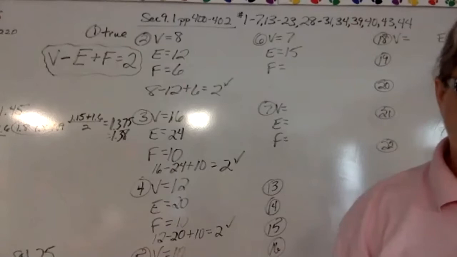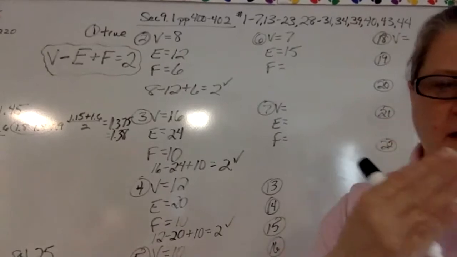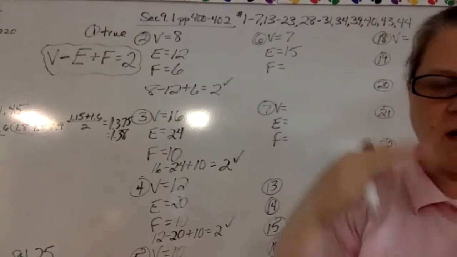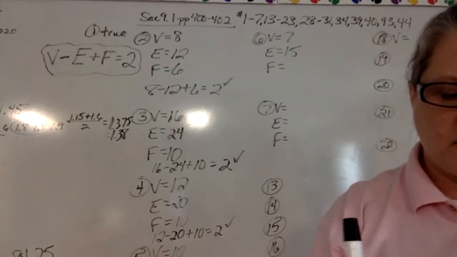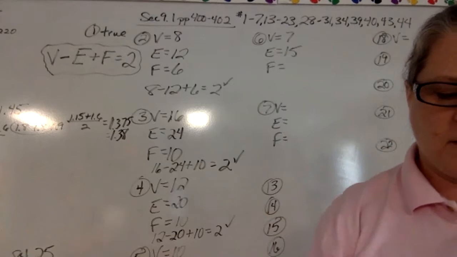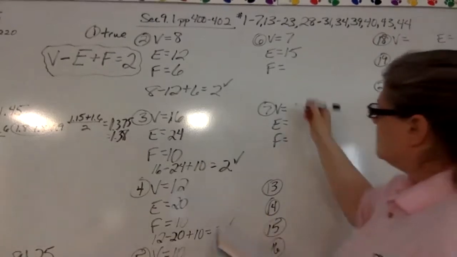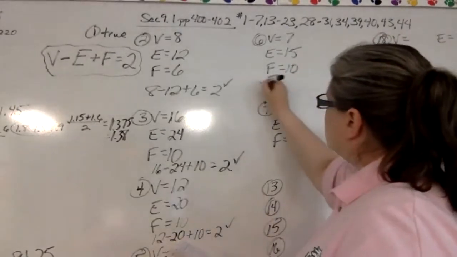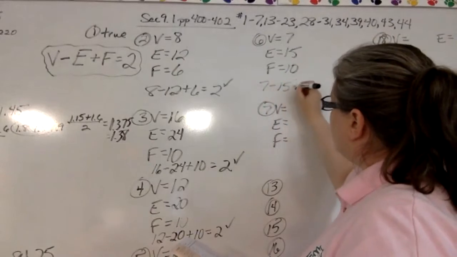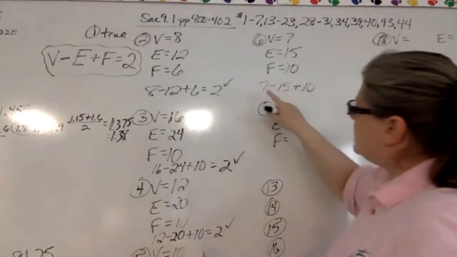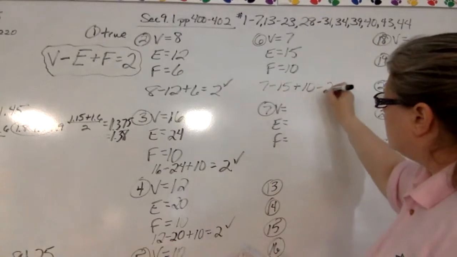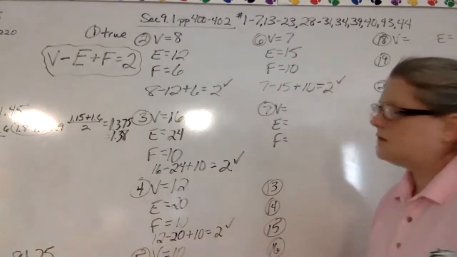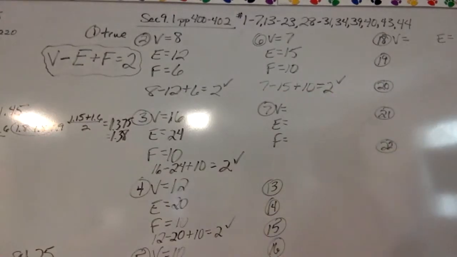And then the faces, you've got 5 triangles on the top, going from the pentagon to the top vertex, and then 5 triangles on the bottom, going from the pentagon to the bottom vertex. So there's 10. And so if I take 7 minus 15 plus 10, 7 minus 15 is -8. -8 plus 10 equals 2. So it worked with Euler's formula.